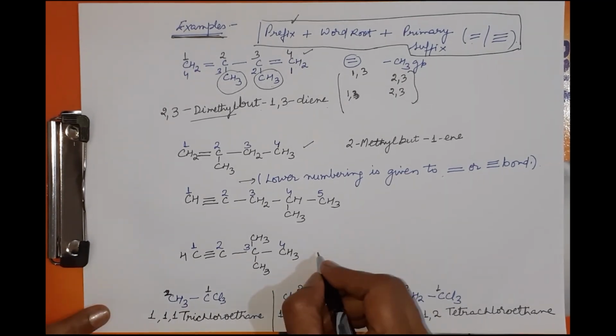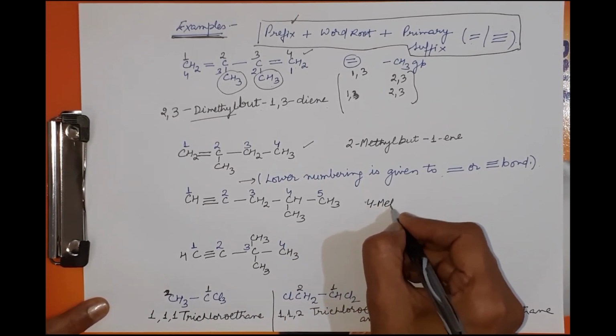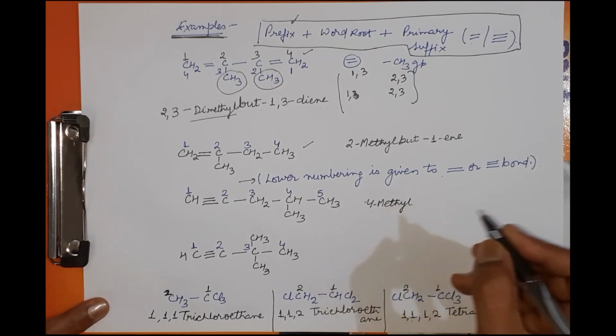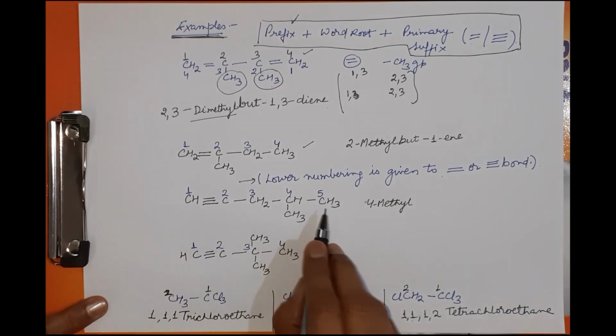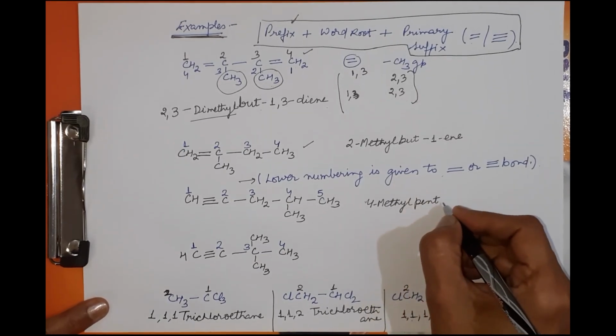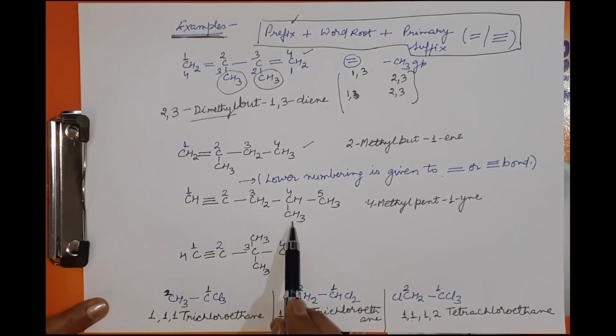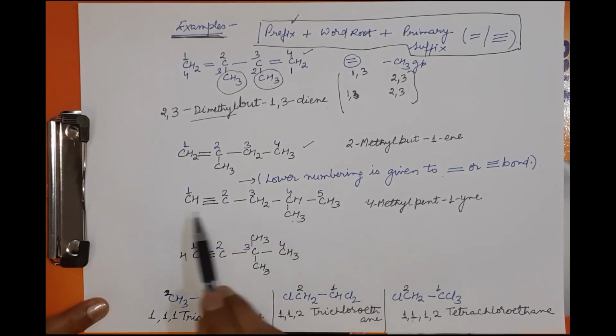So we will write the name 4-methyl. A 5 carbon atom chain is there, pent-1-yne. This will be the name. 4-methylpent-1-yne: 5 carbon atoms and 1-yne.